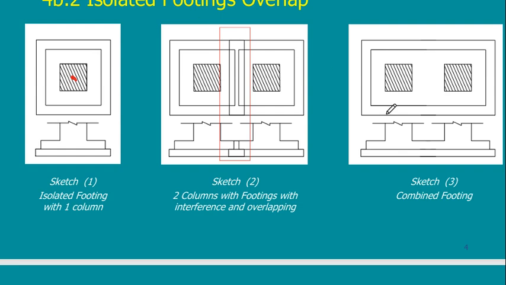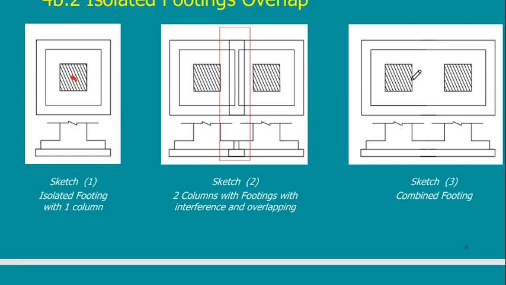The same for this case. If I have these two columns, it means that the CG of these two columns should be the same CG of the footing. Where is the CG of two bodies not touching each other? The CG will be outside. It is the resultant.